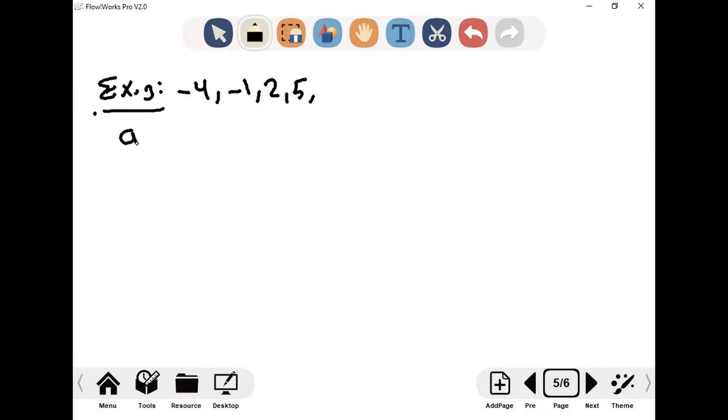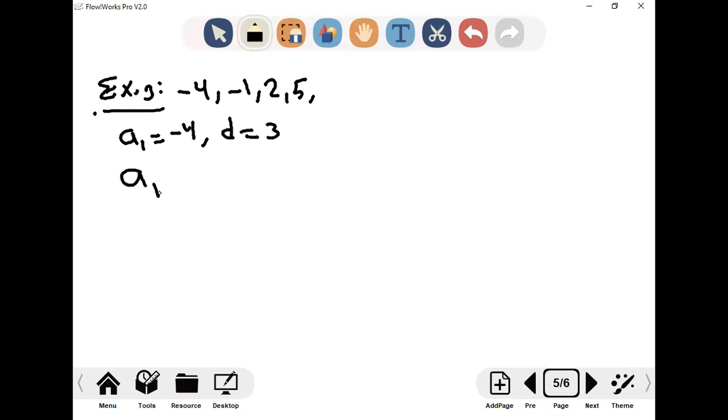So here, let's prepare. a1, how much is a1? Negative 4. d, do subtraction between any 2 terms following each other. You can say 5 minus 2, which is 3. d is 3. Or 2 minus 1, also 3. Or minus 1 minus minus 4 is also 3. You have 2 minuses here, one from the value and one from the subtraction, right? So d is 3, a1 is negative 4.